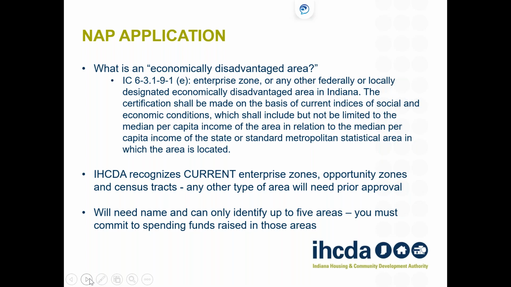We are willing to consider other types of areas other than those three, but they need to be pre-approved by either Vita or myself before you can apply. Last year, we left it completely open and people could just list whatever areas fit what they were doing, but we got some areas that were not up to date.